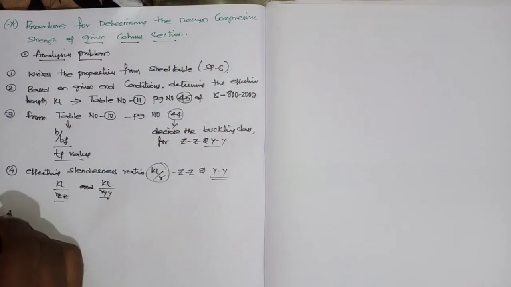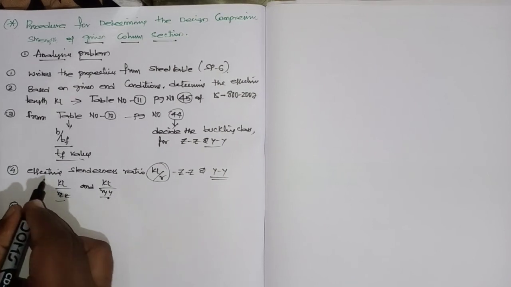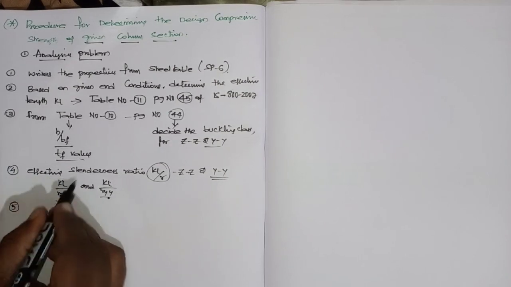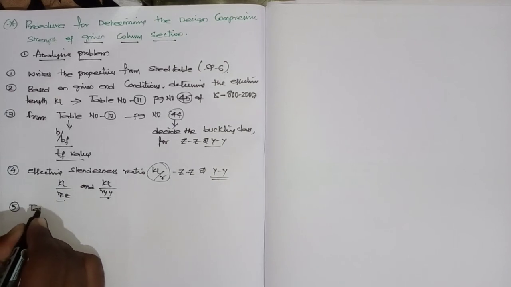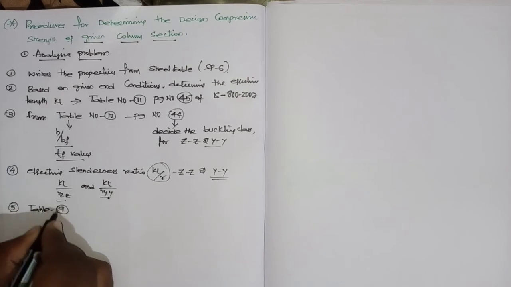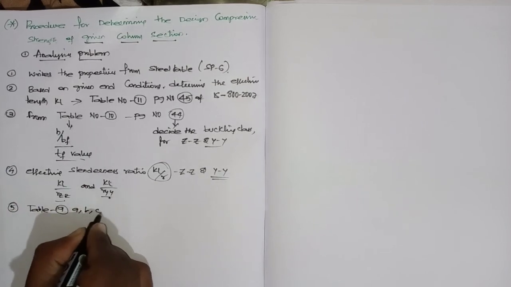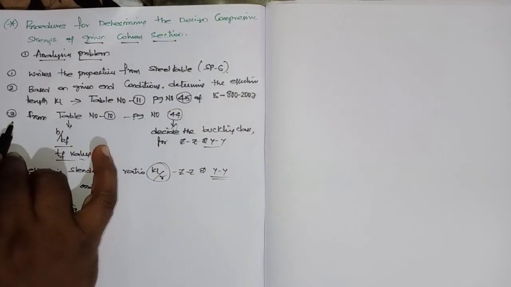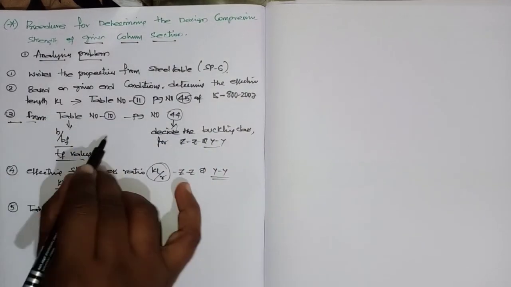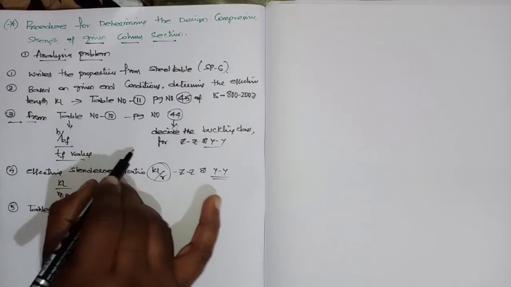Next, after obtaining KL by rz and KL by ry in the fourth step, you visit Table number 9, either A or B or C or D, based upon your buckling class decision. That is, in step 3 you have decided one class about ZZ axis and YY axis.